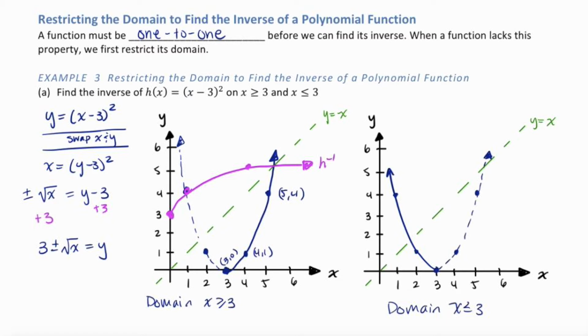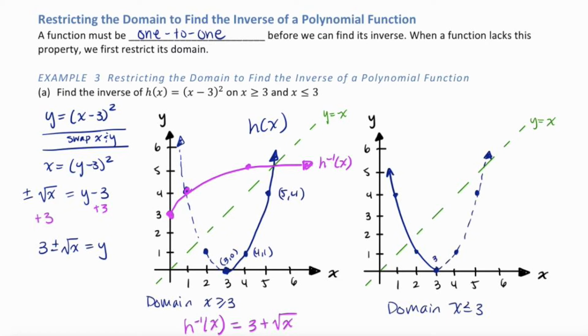So this is h inverse of x. That means on this domain, h inverse of x is the positive case. That is 3 plus the square root of x. And then of course here is our g of x, here is our h of x on the restricted domain.